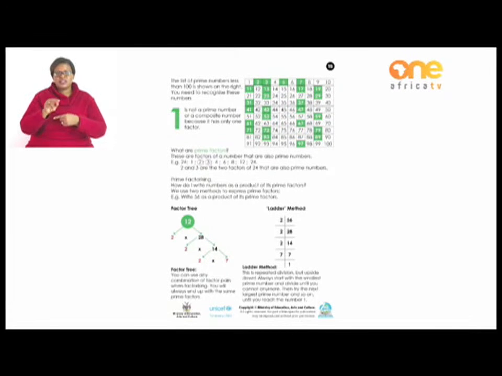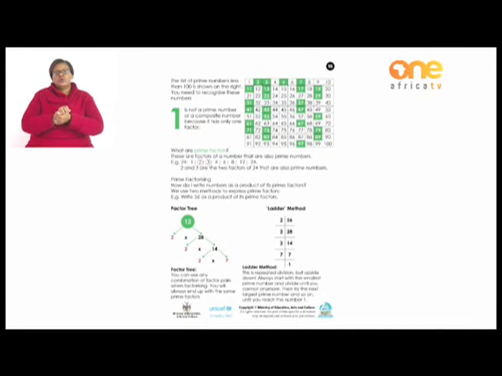So the numbers on the left side are prime factors, which are 2 and 7. And that is how you use the ladder method to factorize number 56.